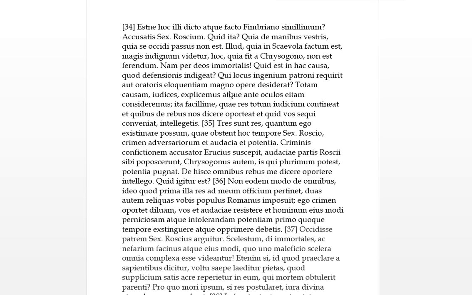Magni operis, it means is a great work, basically, is what it literally translates. And desiderat, it's again like necessitas, what is necessary. So what is needed there, a defense, in which place requires a really talented lawyer or an eloquent orator. Desiderat means there's a longing for or a desiring for a great work towards this.